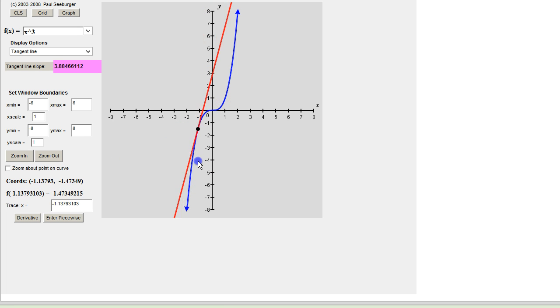It decreases as we go from left to right. When we get over on the positive side, the first derivative actually increases as we go from left to right. So at x equals 0, we have an inflection point. The concavity is changing from concave down to concave up as x is going from negative to positive values.